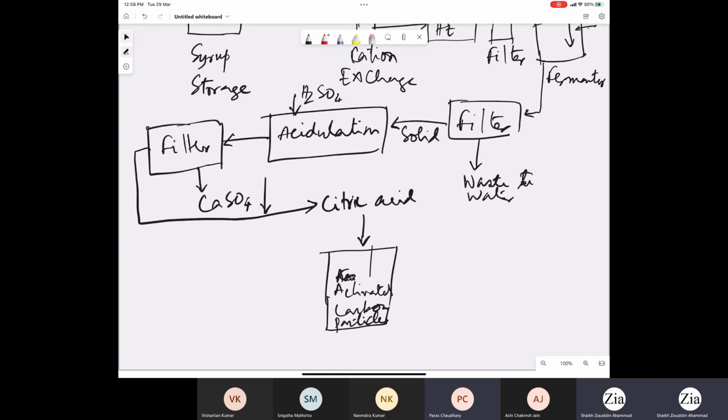So you just mix it with activated carbon particles, and then again you filter it, and after filtration you send it for evaporation.